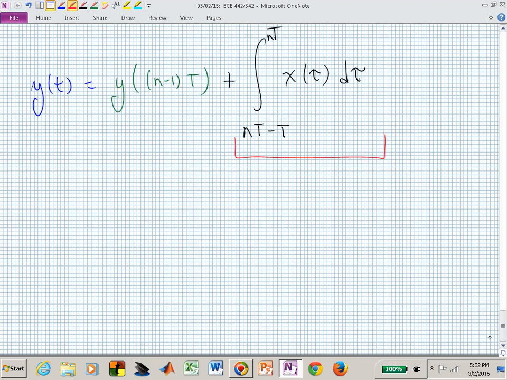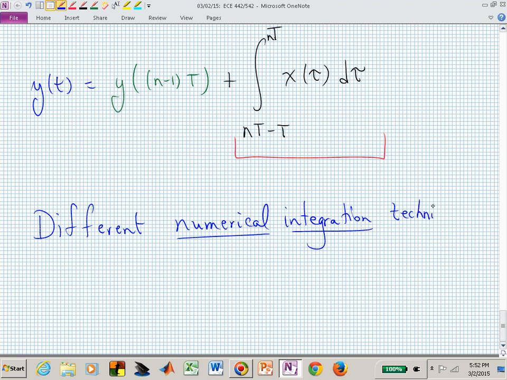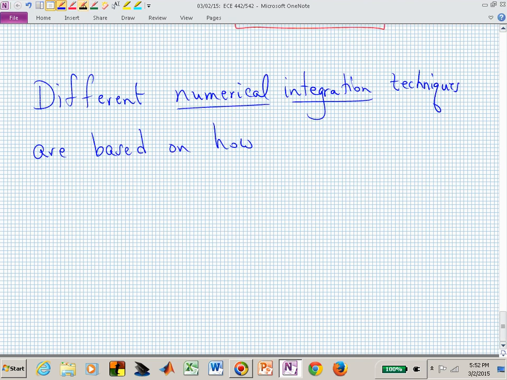The different numerical integration techniques are actually based on how this integral from nT minus T up to nT of x of tau d tau is approximated.